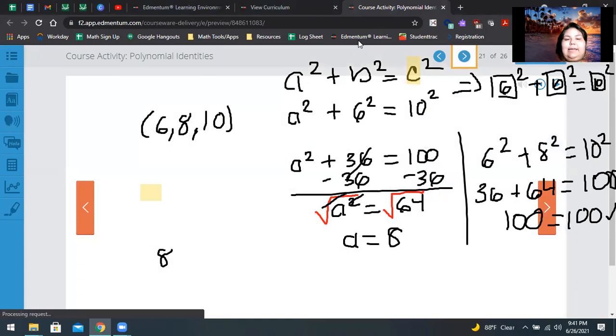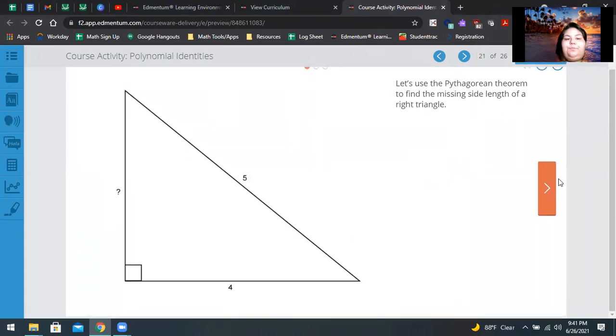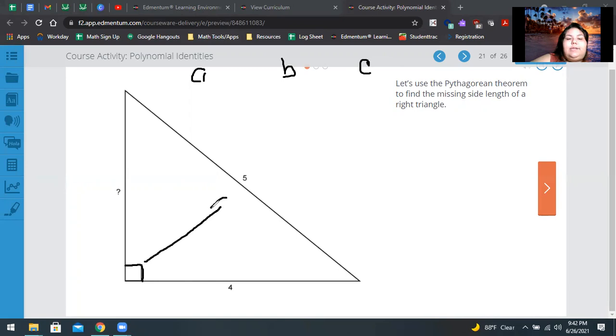Let's take a look at slide 21. So same idea here. I know I use an example based off of that, but you can go ahead and use your example there. Go ahead and identify what is your A, what is your B, and what is your C. Keep in mind your C is the largest side. You should look for your 90-degree angle and then drag your finger across.